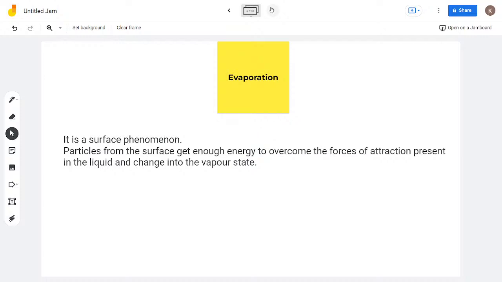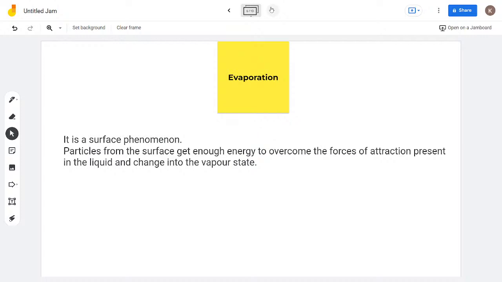We know that the particles of matter are always moving and are never at rest. At a given temperature in any gas, liquid or solid, there are particles with different amounts of kinetic energy, and in case of liquids, a small fraction of particles at the surface having higher kinetic energy is able to break away from the forces of attraction of other particles and gets converted into vapor.